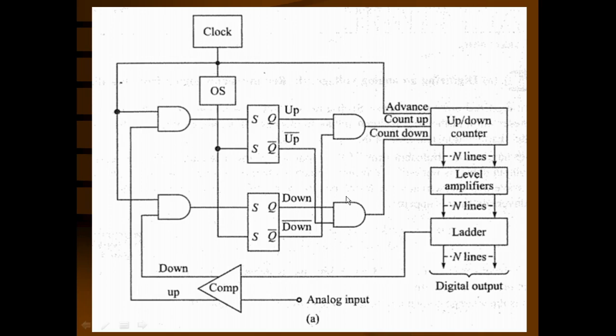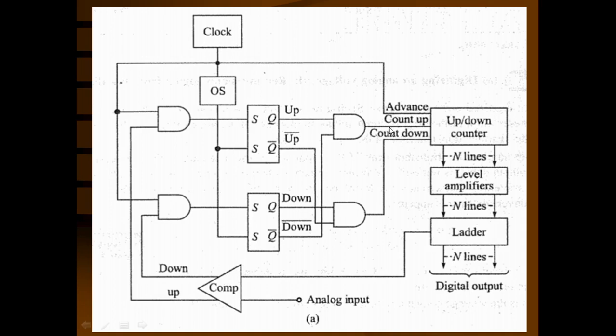This is the logic circuit block diagram for this continuous type of A to D converter. You can see that these blocks are related to the D to A converter. Digital to analog conversion is going to be utilized. It is similar to whatever we have studied previously, except that this counter operates in count up mode as well as in count down mode. And it has two additional control lines, a count up line and a count down line.